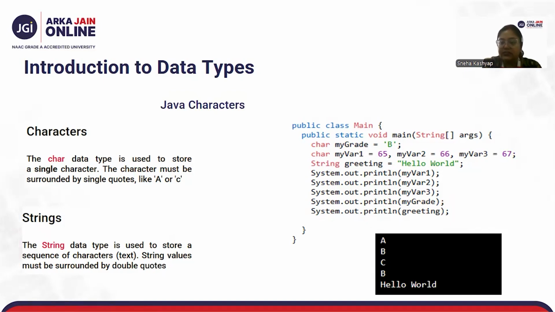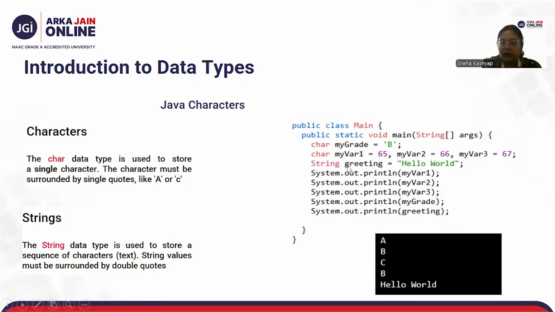So 65, 66 and 67 represent the values A, B and C respectively. So I have taken my grade with the value B as a character. For the next three, I have assigned values of type number, but I have given the data type as character.